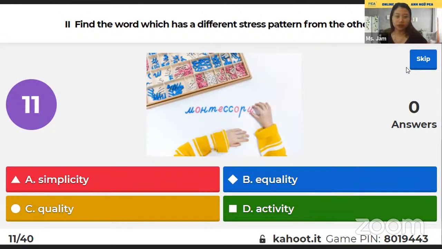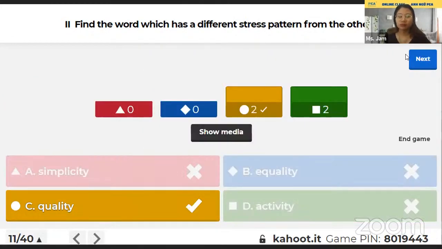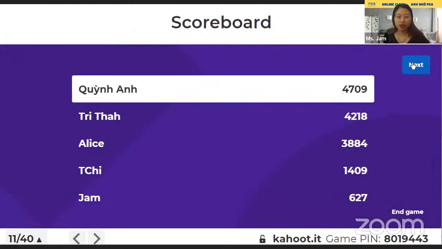I think this is the last one now. Okay, for now we have Queen Anne, the leading one.